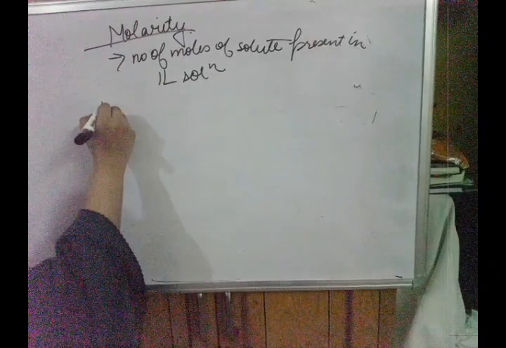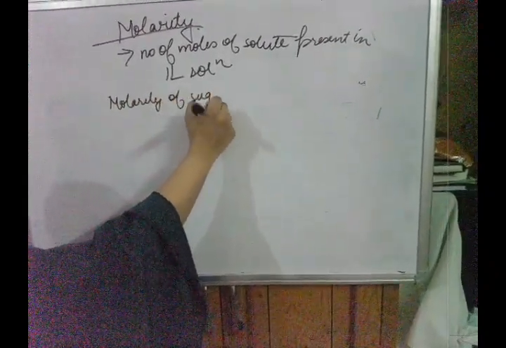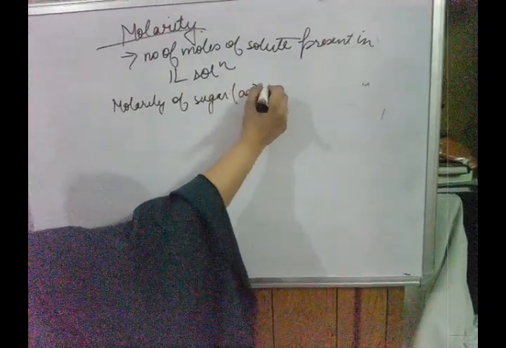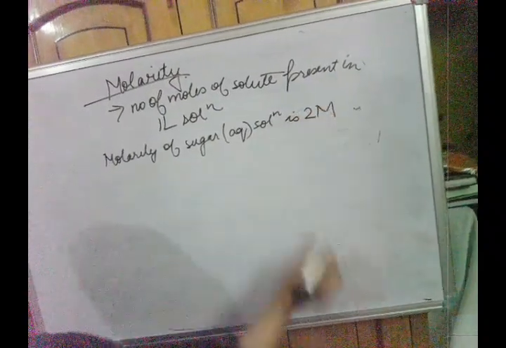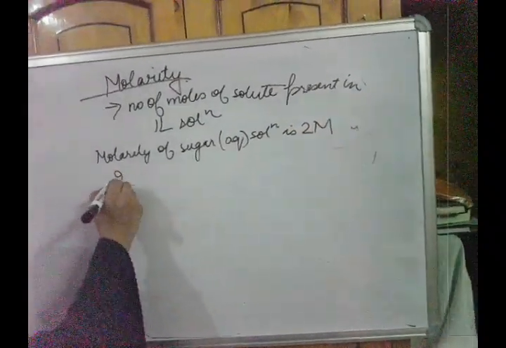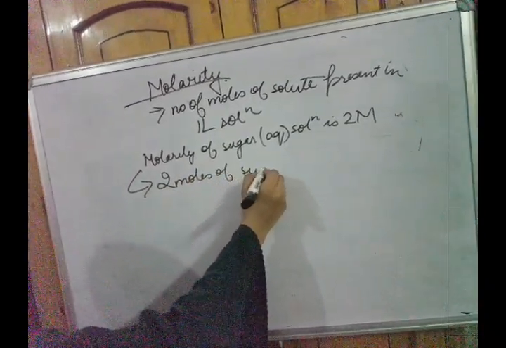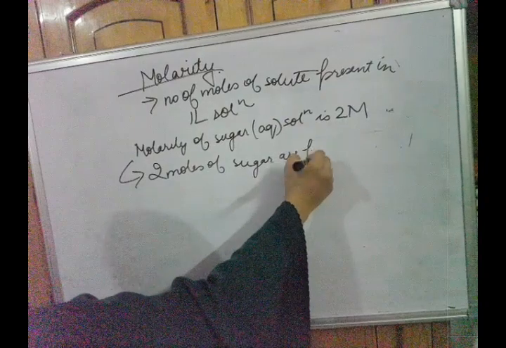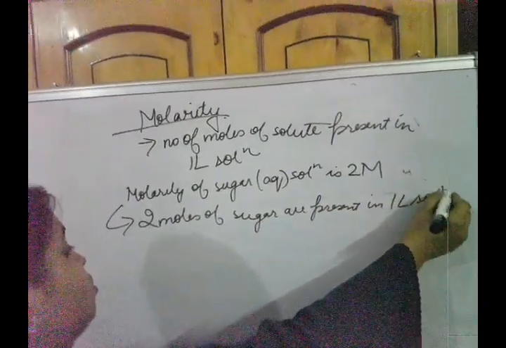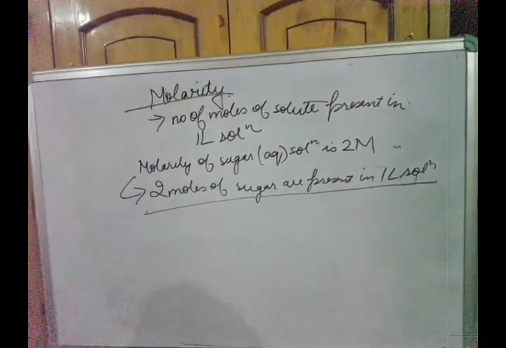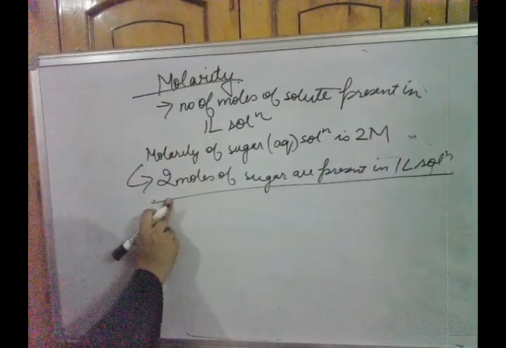For example, if we say the molarity of sugar in aqueous solution is 2 molar, this means 2 moles of sugar are present in 1 liter of the solution, by the definition.